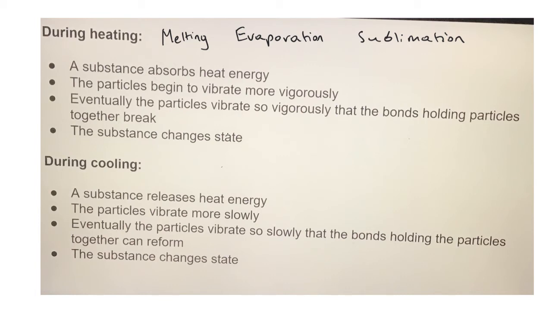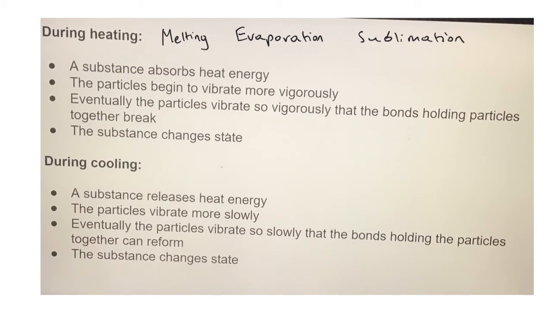So first of all, for any of those to happen, a substance absorbs heat energy. And when this happens, those particles which I showed you in that initial diagram begin to vibrate more vigorously. Eventually, they vibrate so much, they move so much, that those bonds keeping them in place start to break.